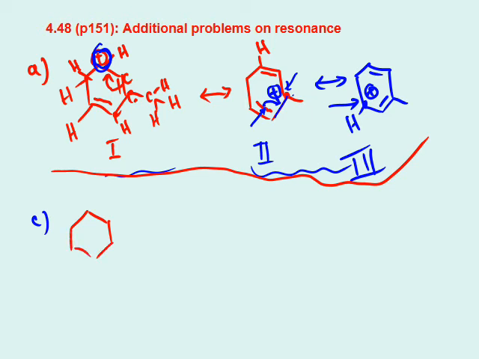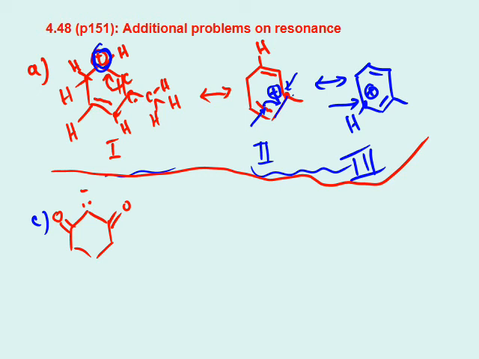So that's a 6-membered ring with electron pair. This time I don't have a negative charge, I don't have a positive charge, but I have a negative charge here. This is the double bond O. On this end, I also have a double bond O. Okay. Now the question is, how many resonance structures are possible?